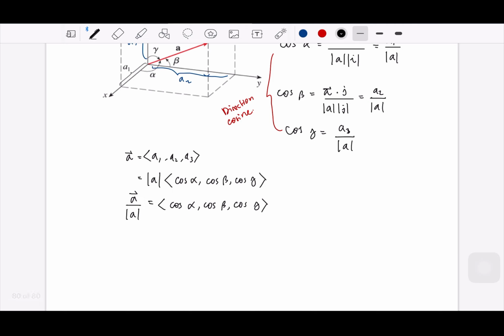Okay, another section, I think the last in the dot product, is the projections.